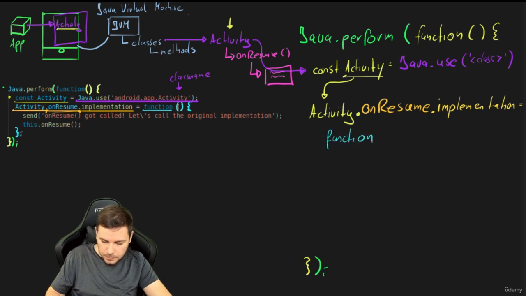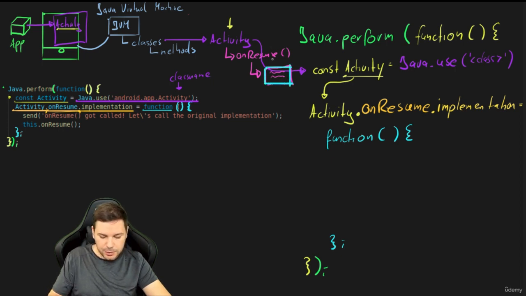So we want to provide a new function, and this will now override the existing method onResume with our code. So we are overriding this piece of code in the Java Virtual Machine with our code right now. And what we are doing over here is simply printing out a debug statement.